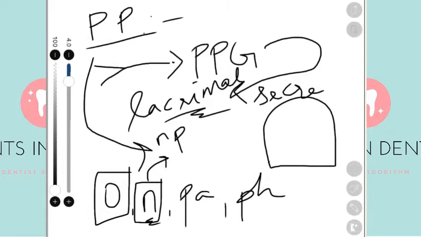This nasopalatine branch will supply your premaxilla, that is the anterior part of the hard palate. So when you work on this area, that is in the anterior part of your hard palate, it is necessary to anesthetize this nerve. This nerve enters the palate through the incisive foramen. The incisive foramen is found below, or we can say it is hidden by, the incisive papilla.